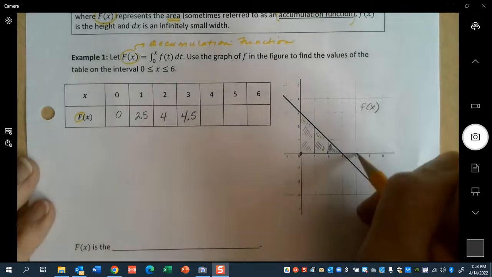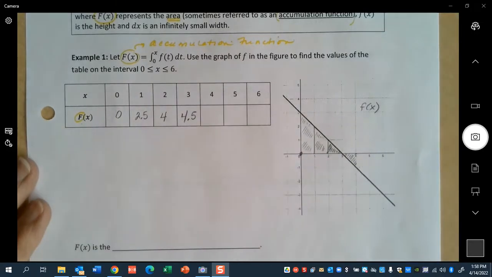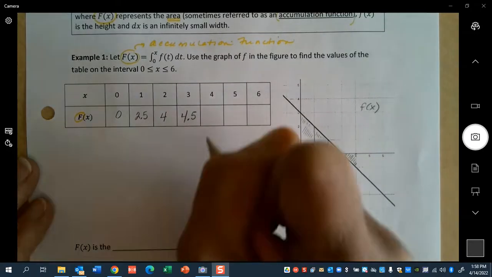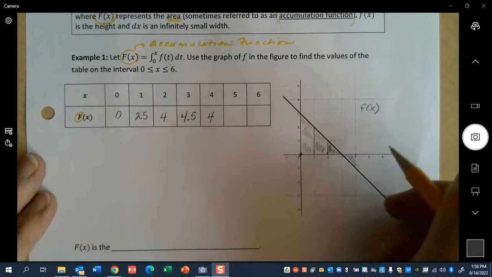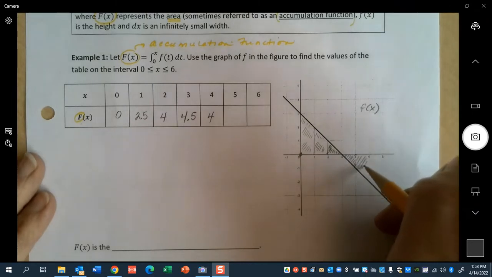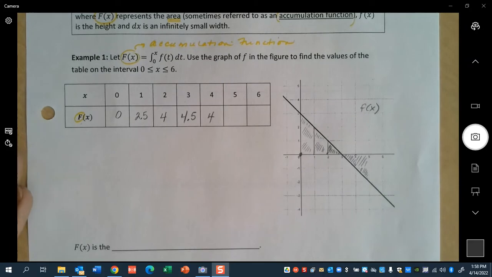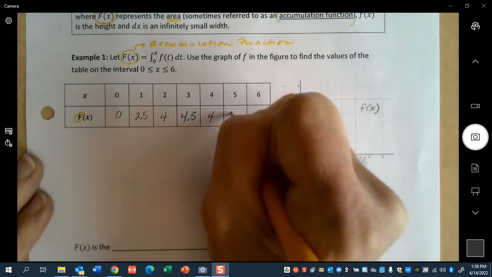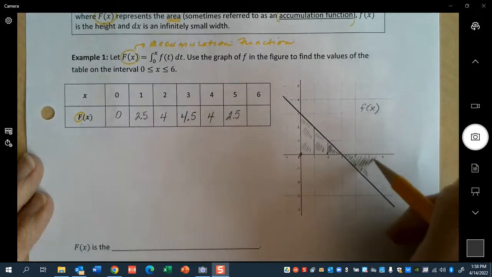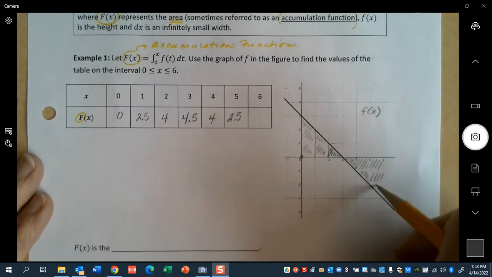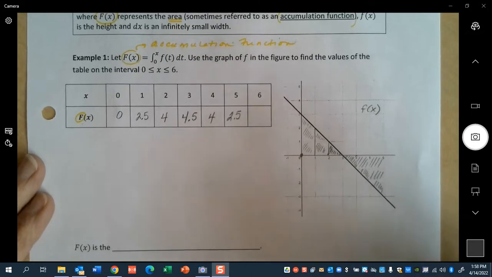All right, let's talk about an input value of 4. So it's just gonna go back to 0? No. Now what?